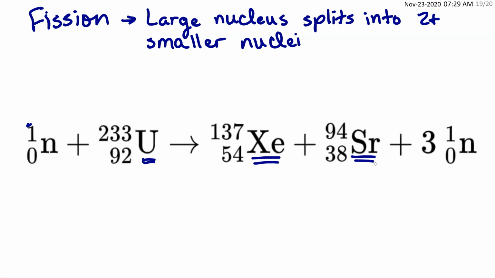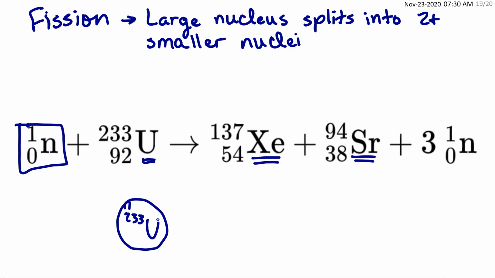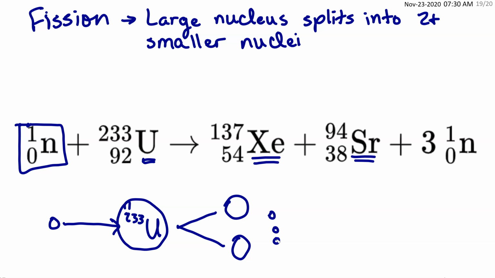Now, what I'd like to draw your attention to is this neutron right here. What happens is we have this very large uranium, 233. Okay? We take this little neutron and we bombard that atom, and it actually splits into 2 smaller elements, plus 3 little neutrons.